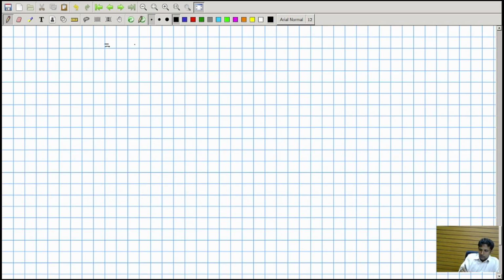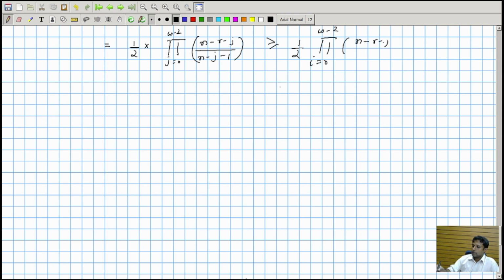Okay, so the expression that we have is half into some product involving W minus 1 terms, J going from 0 to W minus 2, N minus R minus J divided by N minus J minus 1. Numerator and denominator, if you subtract some equal quantity from both, this quantity would still be greater. So this is greater than half into the product over W minus 2 terms, N minus R minus J minus W minus J minus 1.